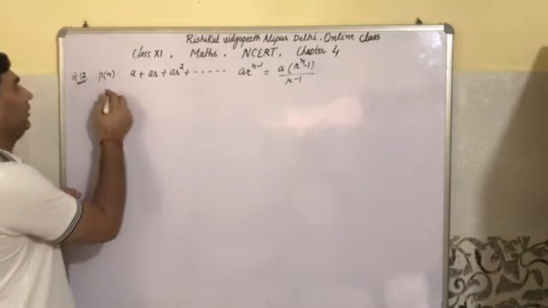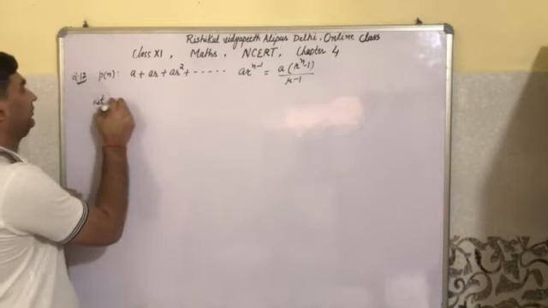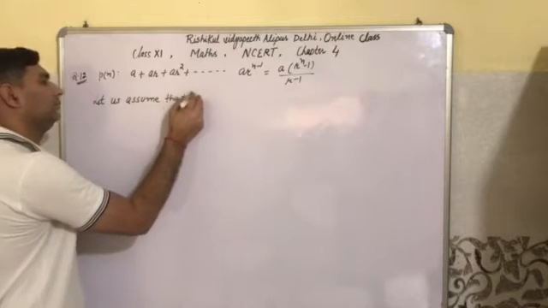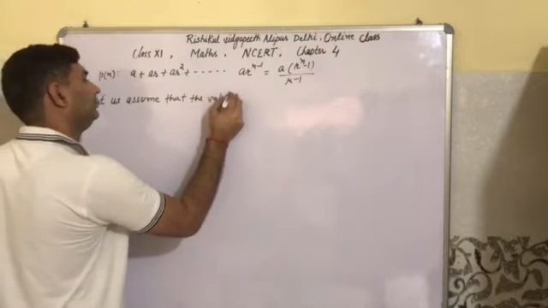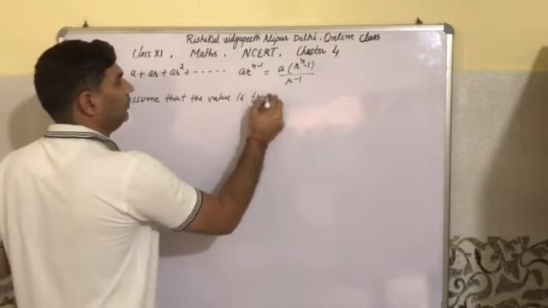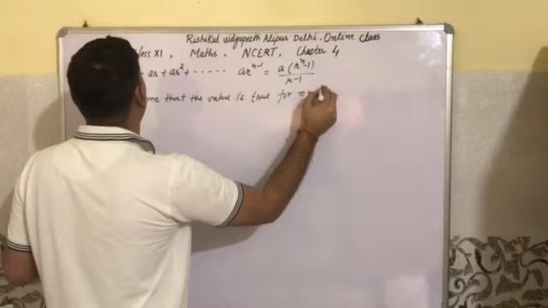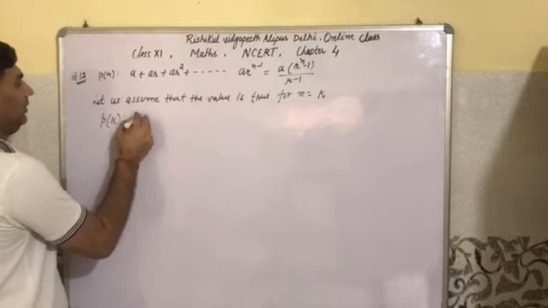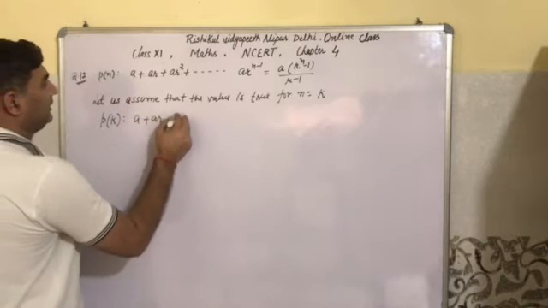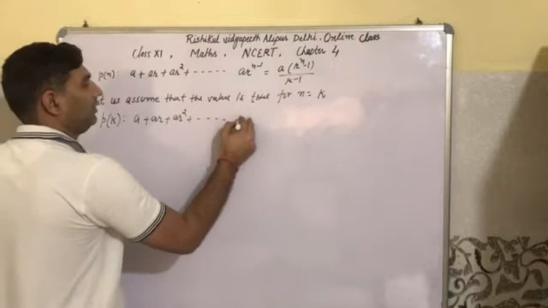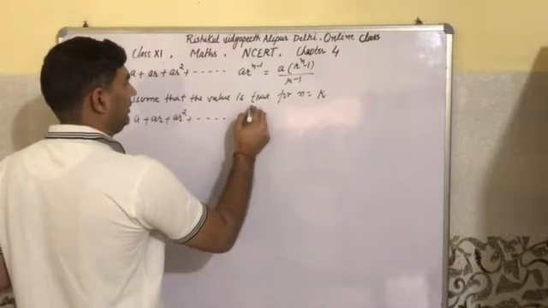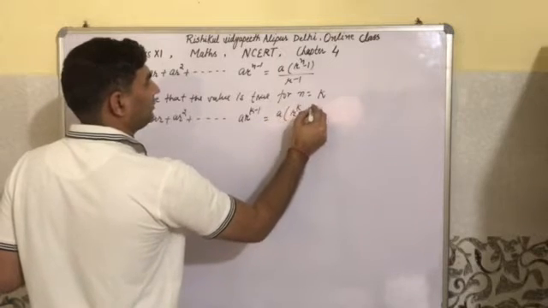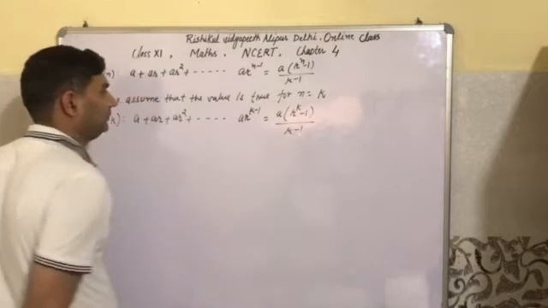Then next step, let us assume that the value is true for n is equal to k. Then P of k: a plus ar plus ar square and so on up to ar raised to power k minus 1 is equal to a into r raised to power k minus 1 upon r minus 1.